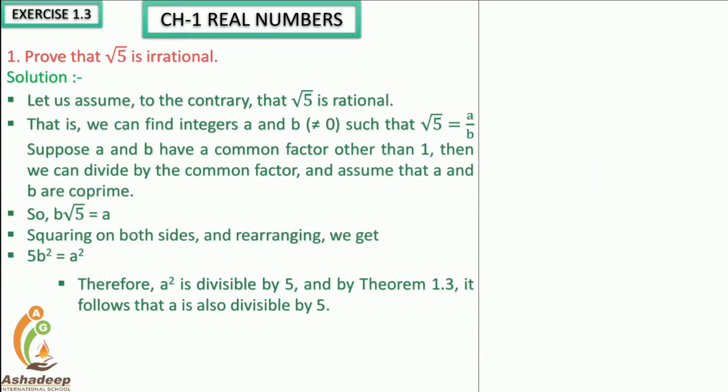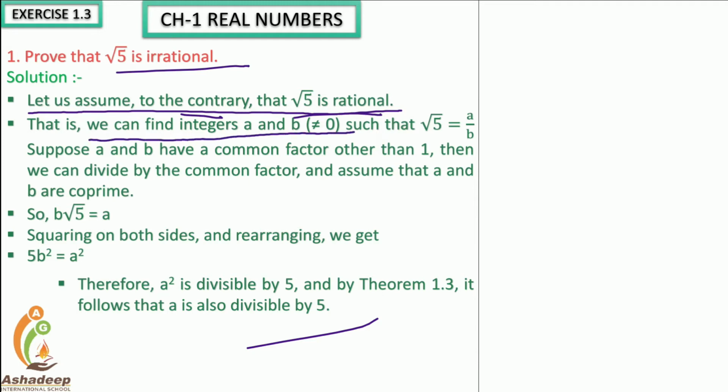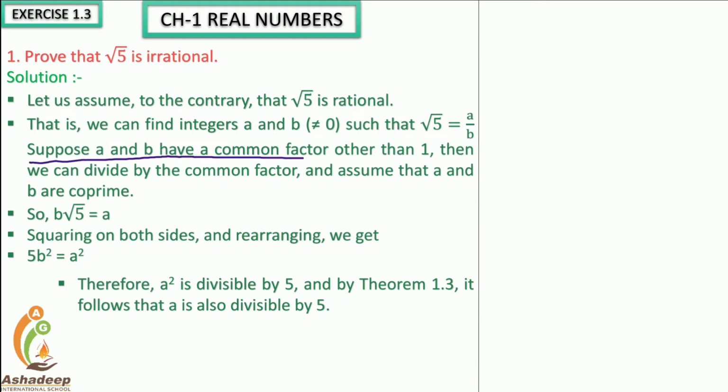So up to here, we assumed the contrary, because we need to prove that it is irrational. The contrary is that root 5 is a rational number. That is, we can find integers a and b, where b is not equal to 0, such that square root of 5 is equal to a upon b, such that a and b have a common factor other than 1.